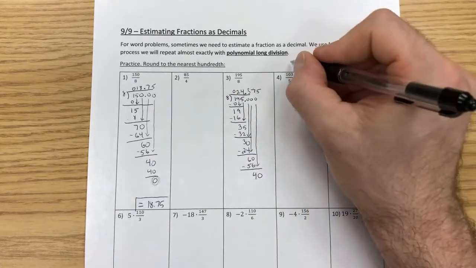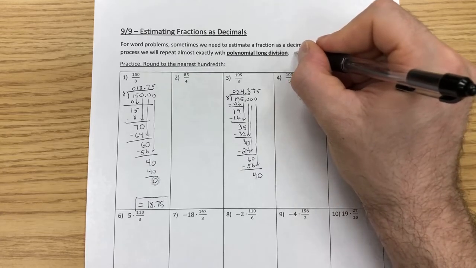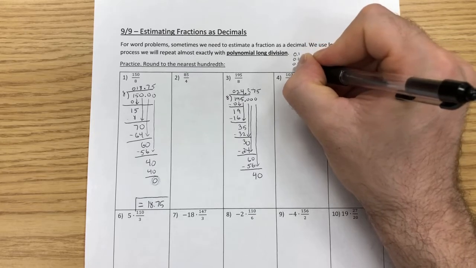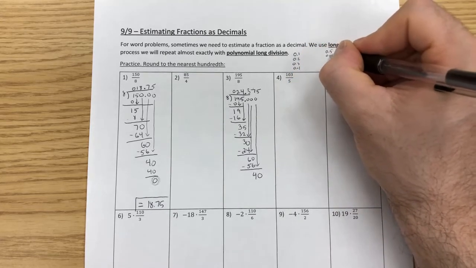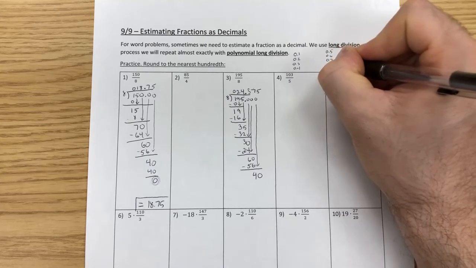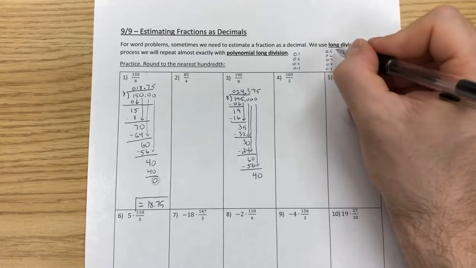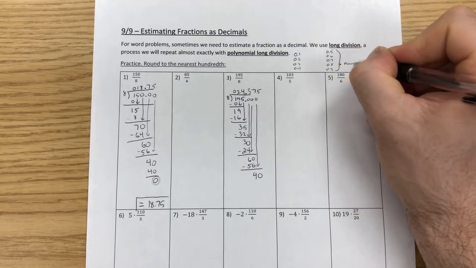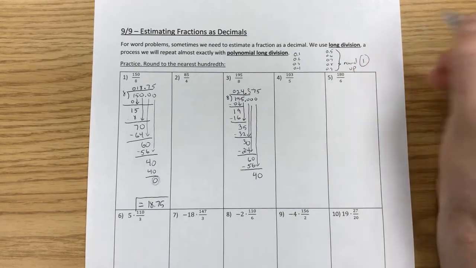And I'll remember the rule that if the decimal ends in a 5 or greater, so let's say 0.1, 0.2, 0.3, 0.4, 0.5, 0.6, 0.7, 0.8, 0.9. So if the decimal ends in a 5 or greater, I know this is going to round up to a 1.